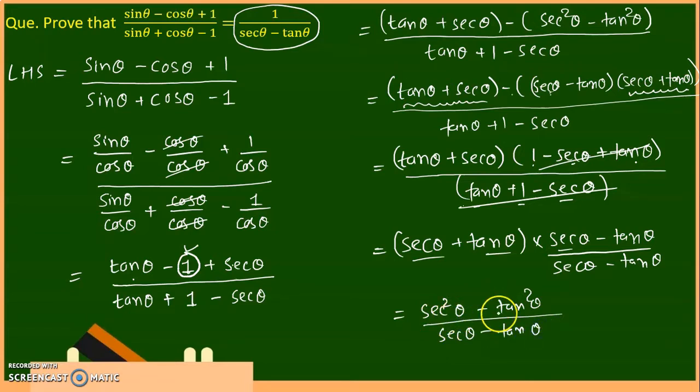We know the identity sec square theta minus tan square theta is 1. So we get 1 divided by sec theta minus tan theta, which is the right hand side of the equation. So the left hand side is equal to the right hand side.